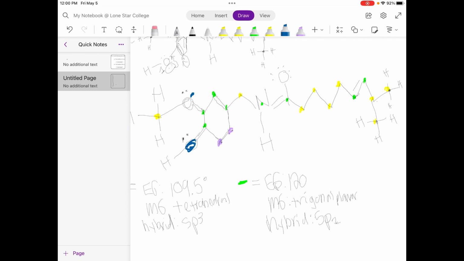Bent or angular. Maybe try that. Bent or angular. Okay.